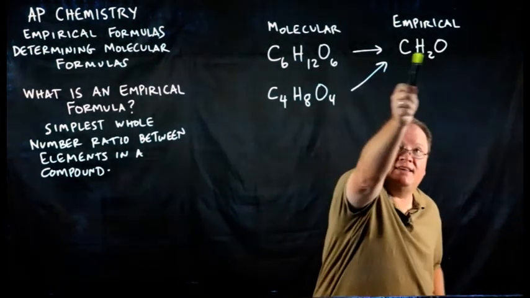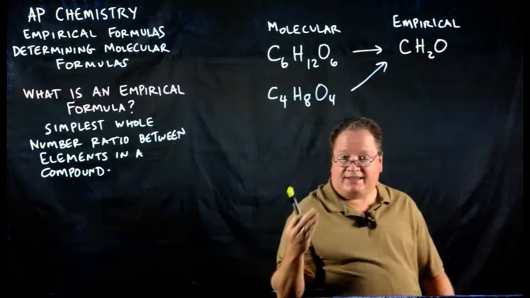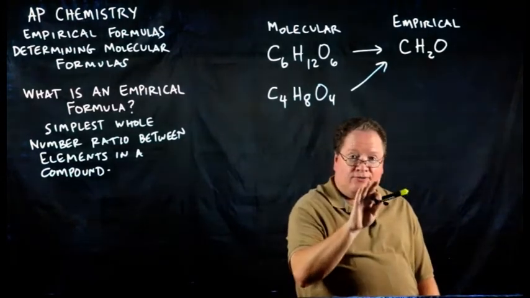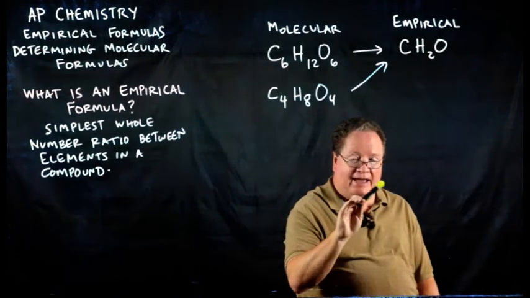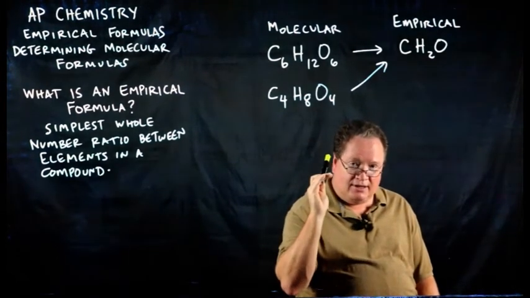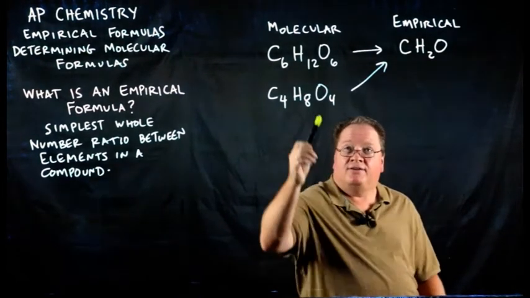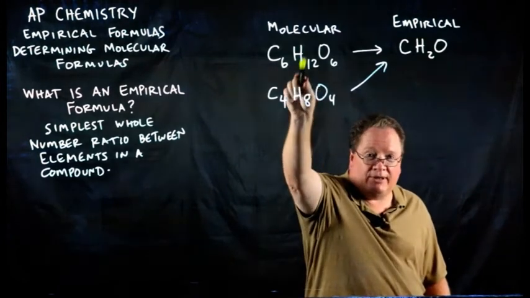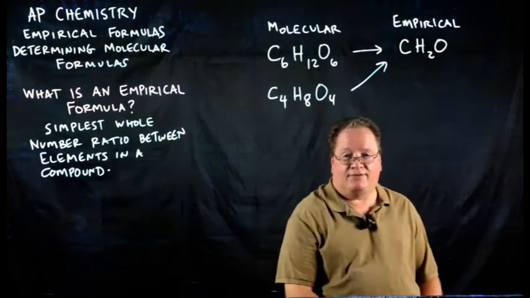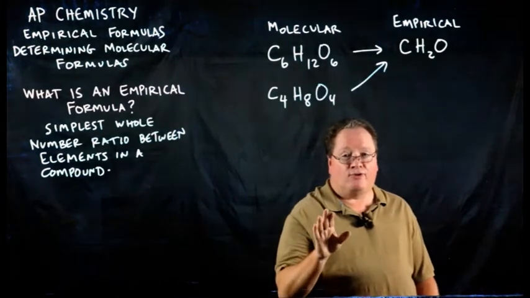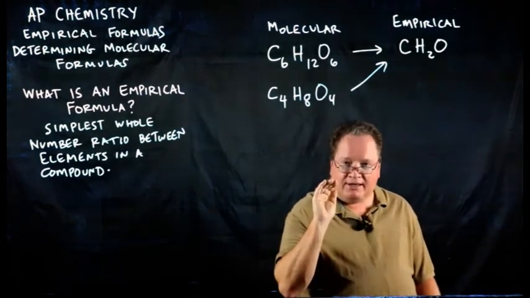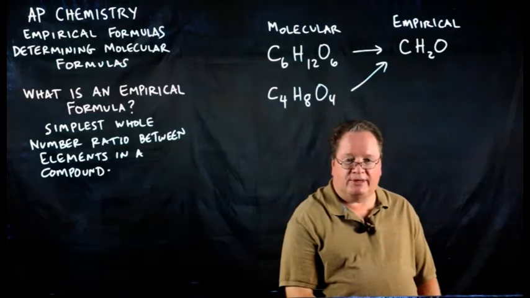So I'm going to get this ratio. That's what I'm going to see when I test it. So empirical formulas are usually what you're going to get when you figure out a compound's formula. You have to do a little trick to figure out what molecular is, but we'll get to that in a few minutes. So again, empirical formulas are simply the simplest whole number ratio between the elements.